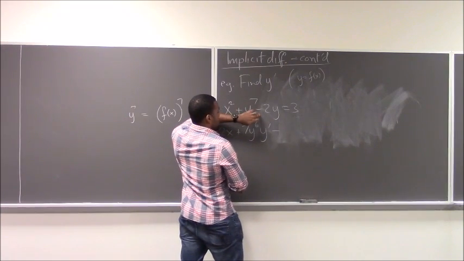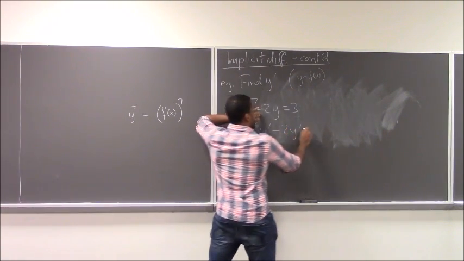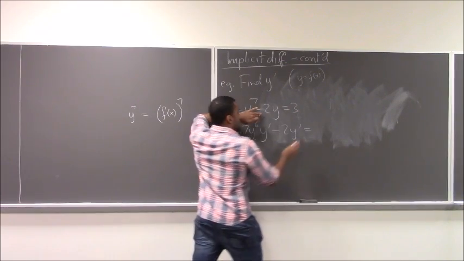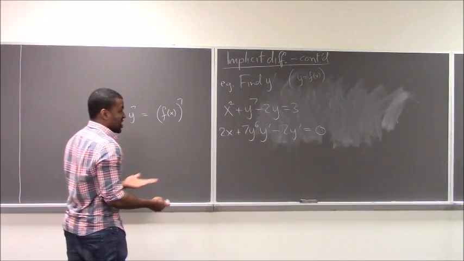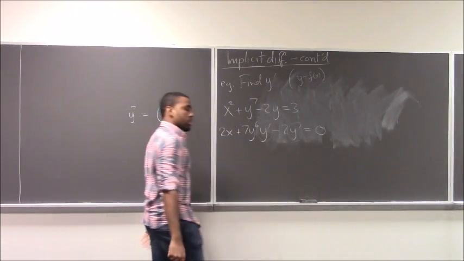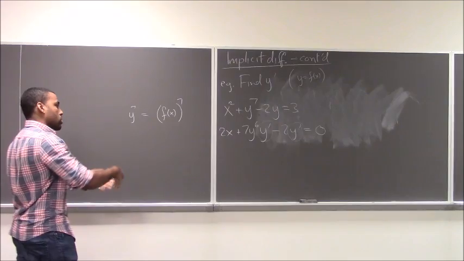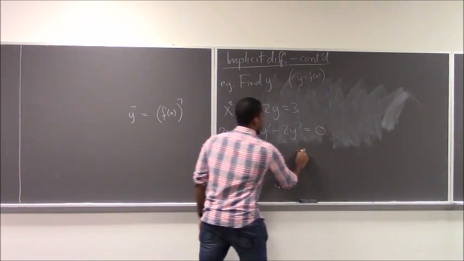So the derivative of 2y? 2y prime, whatever the derivative of y is. Derivative of 3 becomes? 0. Derivative of 3 would be 0. Okay, and now we need to solve for y prime, because that's what we want to find. The goal is to isolate y prime, so you bring everything that doesn't have y prime to the other side, so we can subtract that 2x.